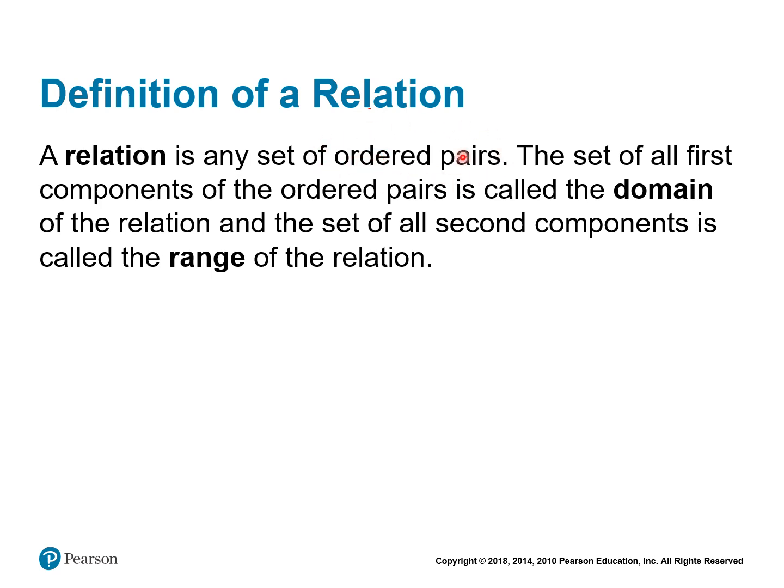You may have already studied that in a previous algebra course, but let me give you a quick refresher. An ordered pair is written as two variables within brackets. The first variable is x, and the second variable is y, and they are separated by a comma.